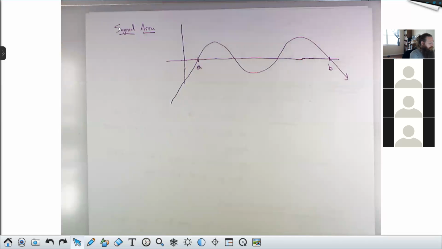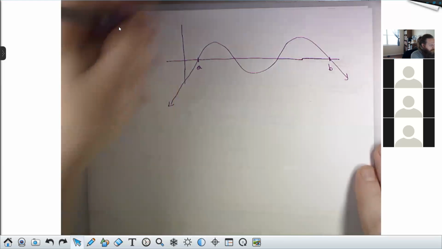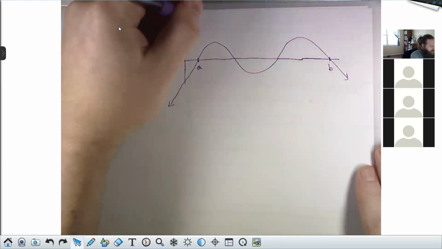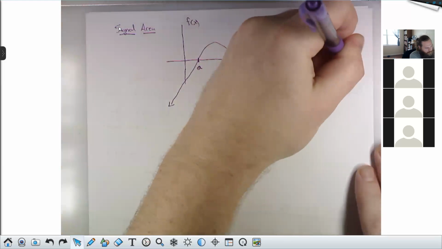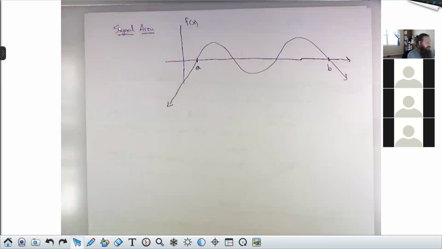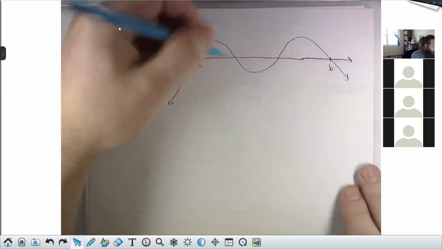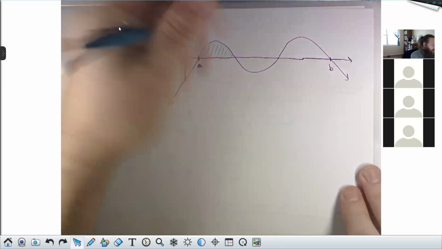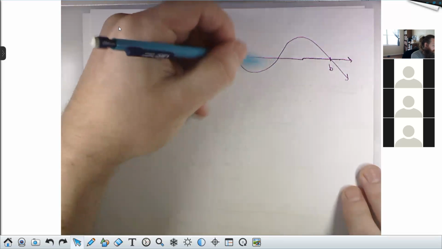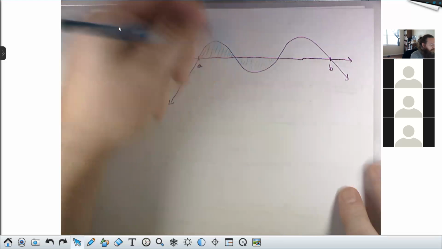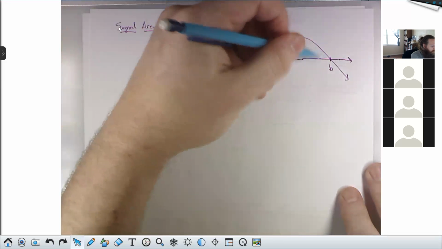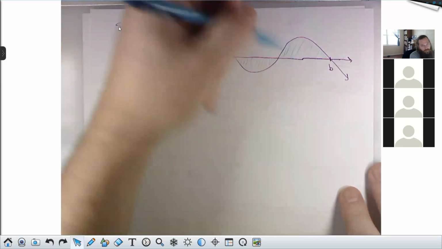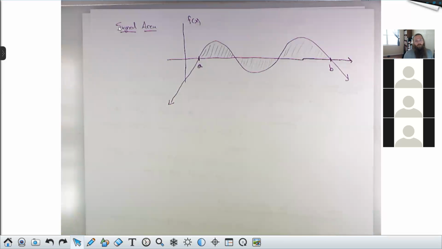This is the graph of the function f of x. And what we've been doing lately is finding the area bounded by the graph f of x from a to b. The thing is, here, some of this area lives above the x-axis and some of it lives below the x-axis. And in all the examples we've seen so far, all the area lived above the x-axis.